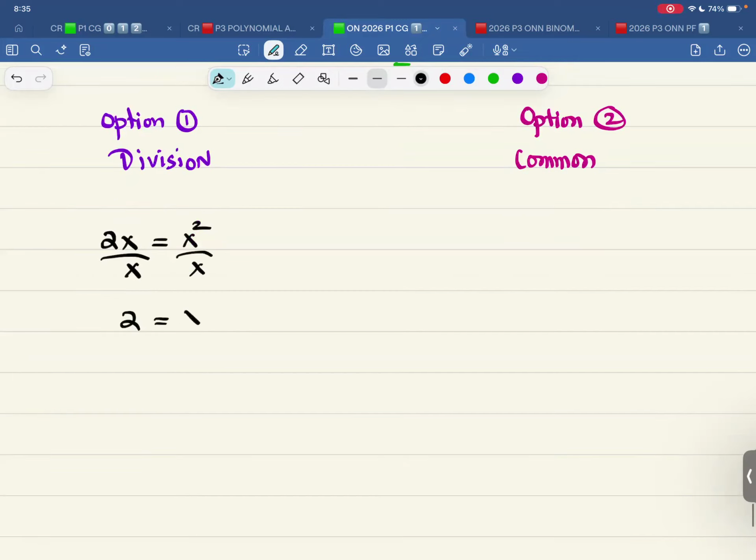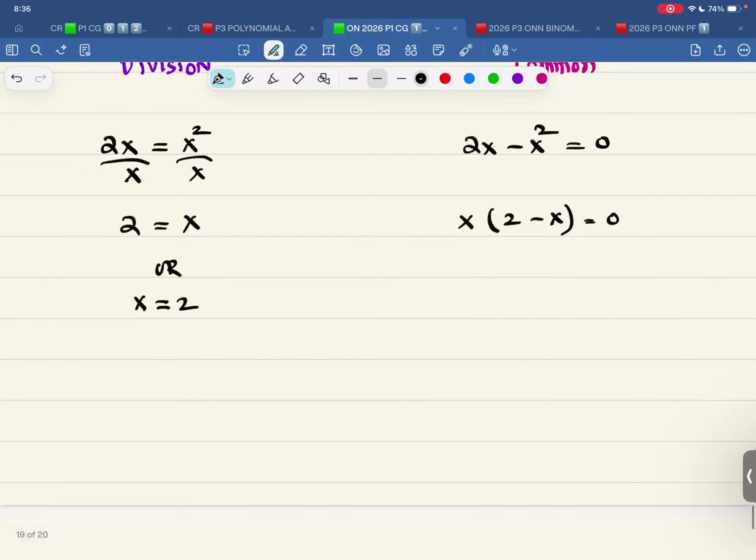Therefore, 2 is equals to x, or x is equals to 2. The other option: 2x minus x square equals to 0, x common, x times 2 minus x equals to 0. Two terms, two brackets multiply to give you 0. Therefore, either one of them is 0, x is 0, or 2 minus x equals to 0, minus x is negative 2, therefore x is 2.